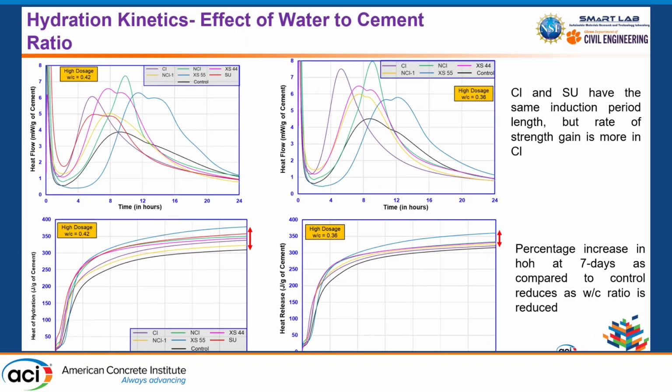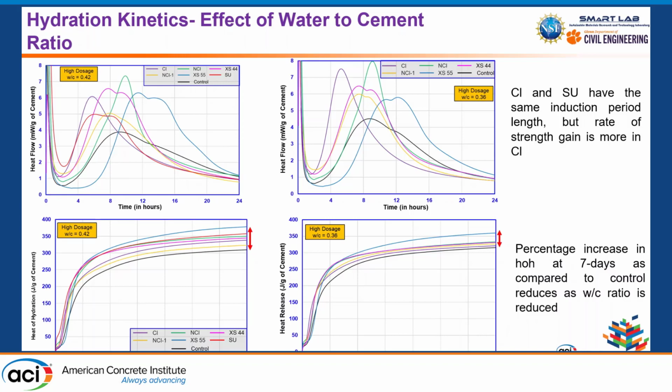Then looking at 0.36 water cement ratio and 0.42 water cement ratio at higher dosages, we know that aluminum sulfate is increasing the aluminate reaction, but here at high dosages, the aluminum sulfate and chlorides are similar in terms of when the onset of the silicate peak is.